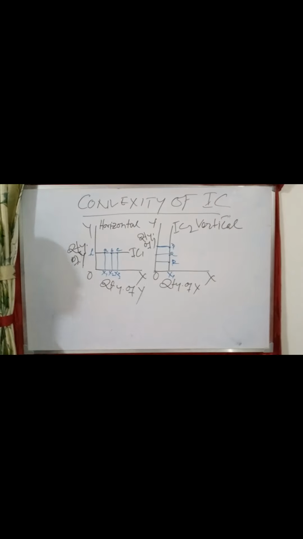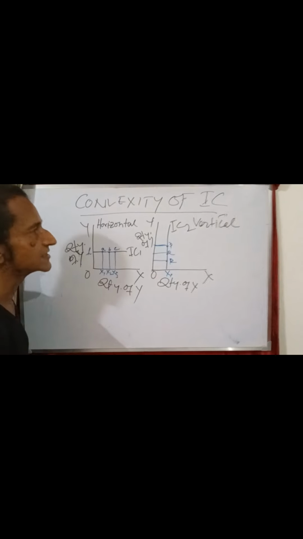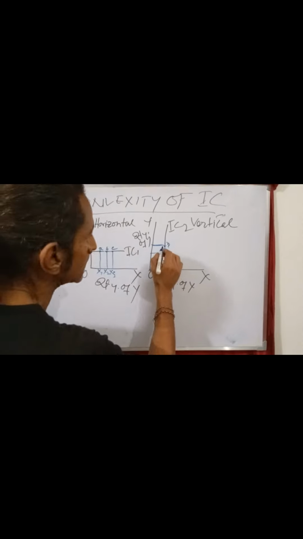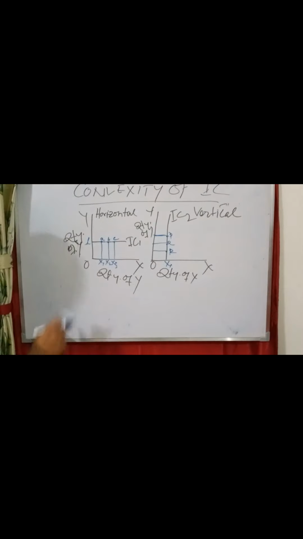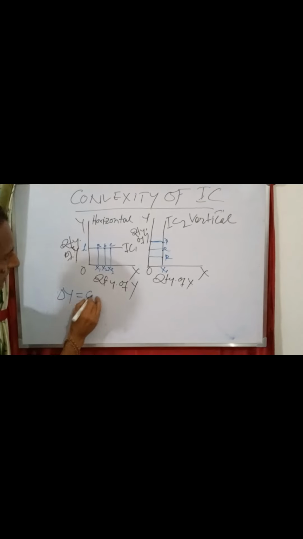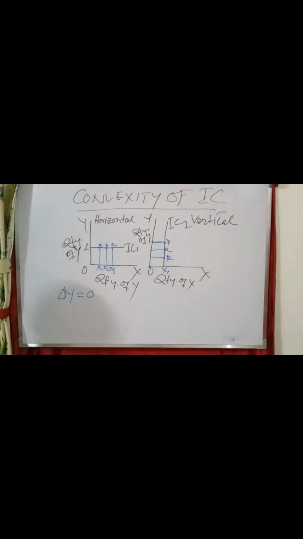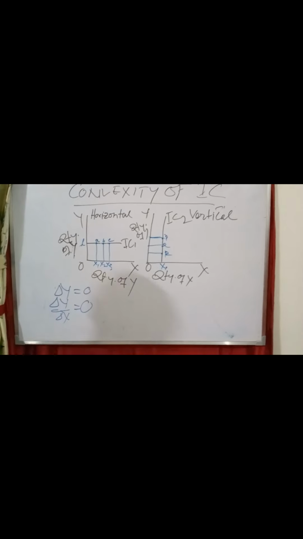So the consumer cannot be indifferent between A, B and C. Similarly, the consumer cannot be indifferent between P, Q and R. In this case, you see, delta Y is equal to 0. Therefore, delta Y by delta X equals 0.